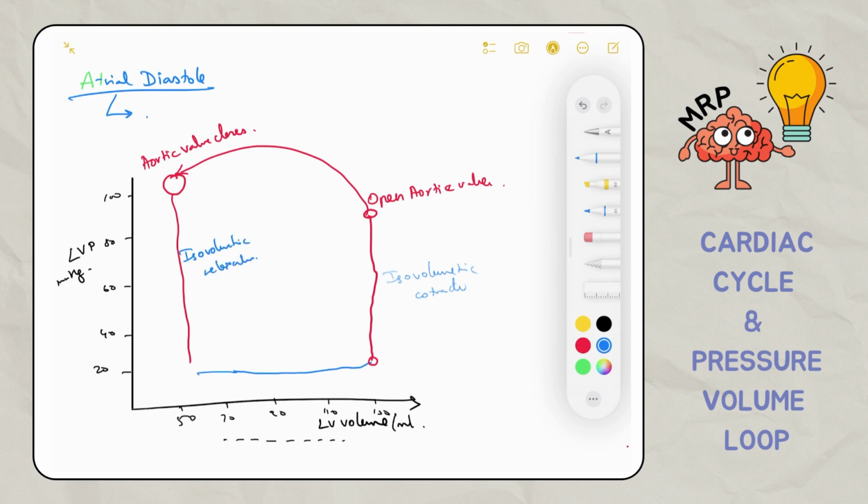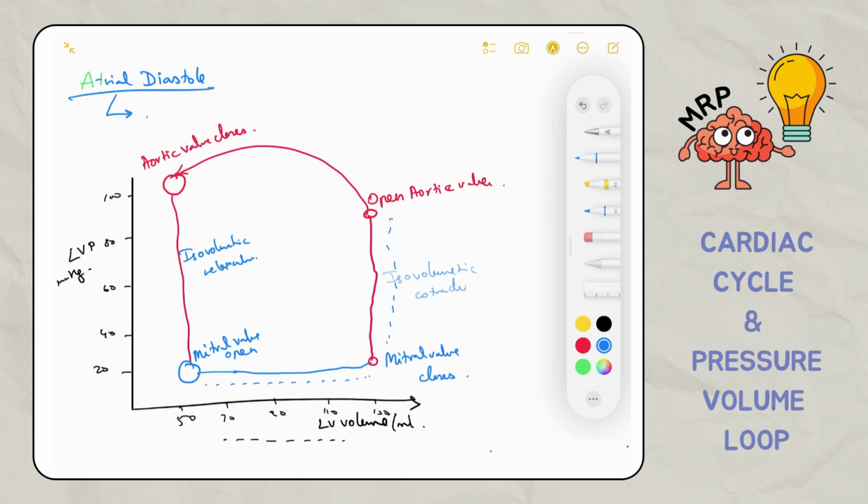What will happen once it's totally relaxed? It has to receive blood from the left atrium. From the left atrium to the left ventricle, what valve is there? It is the mitral valve. So the mitral valve has to open for the blood to come inside the ventricle. Once the blood is inside the ventricle, the mitral valve closes and the pressure is built up again.